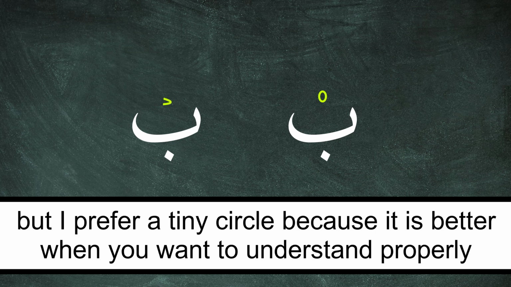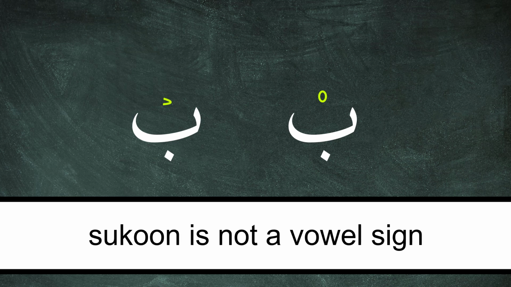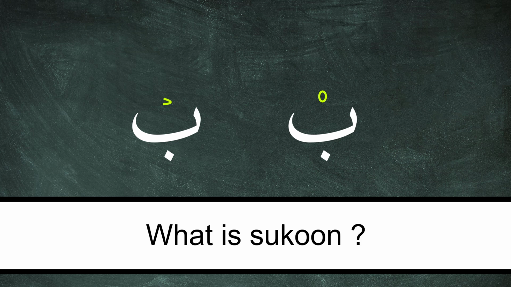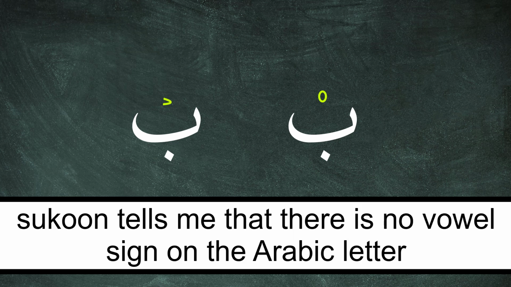But I prefer tiny circle because it's better when you want to understand properly. Now Sukoon is not a vowel sign. What is Sukoon then? Sukoon tells me that there is no vowel sign on the Arabic letter.